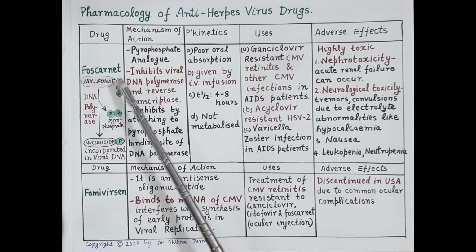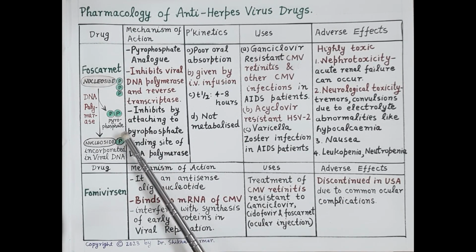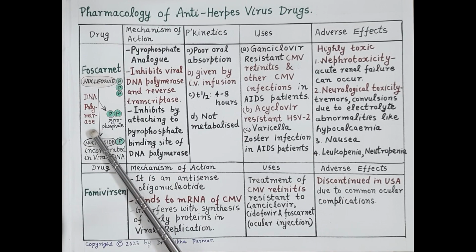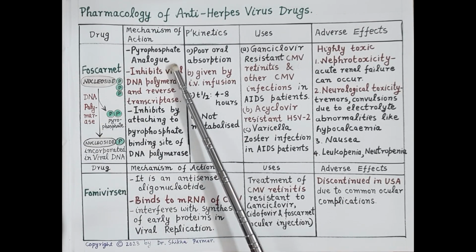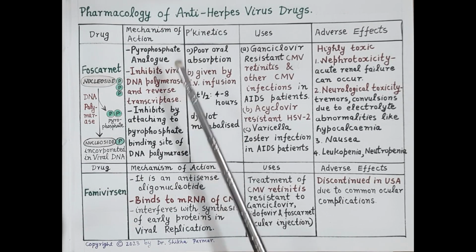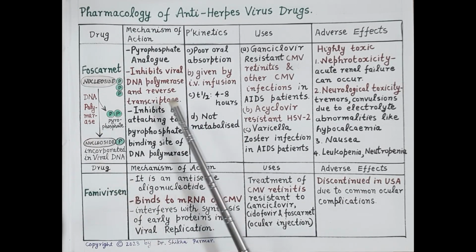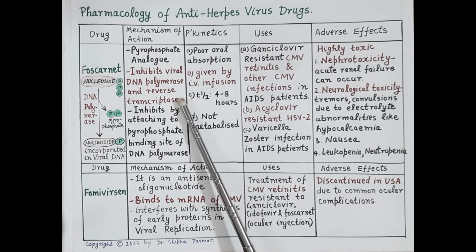Now, the process of nucleotide addition to the DNA is not completed unless and until the pyrophosphate is removed. And removal of pyrophosphate is done by DNA polymerase. Now, Foscarnet is a pyrophosphate analog. It inhibits viral DNA polymerase as well as reverse transcriptase.